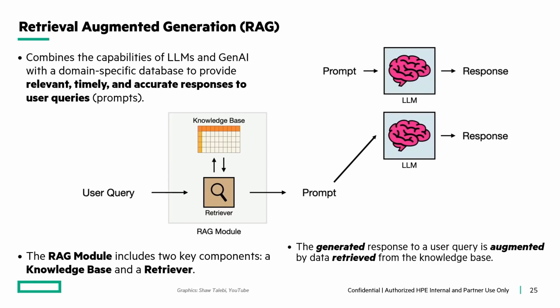So the generated response from the model is augmented with the data that is retrieved from the vector database. Retrieval, augmented generation. That's where all of that comes from.